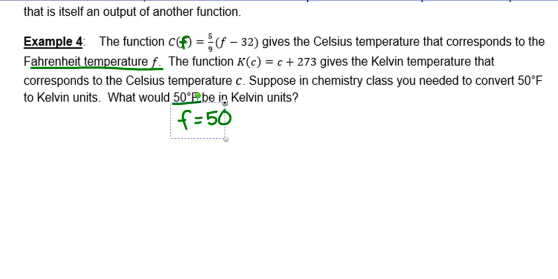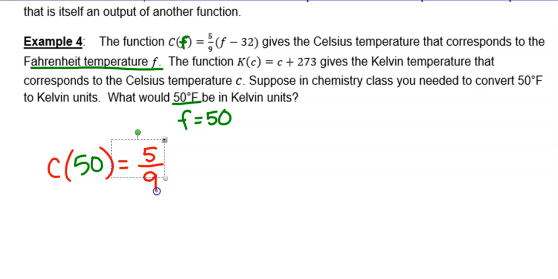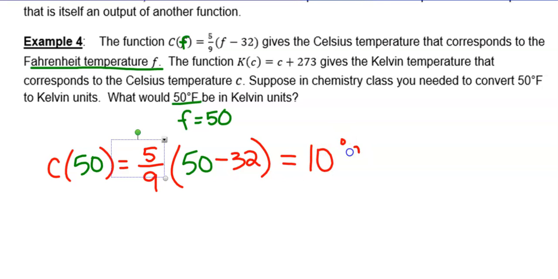So then we have C of 50 equals 5/9 times 50 for F minus 32. And then you just simply put that into your calculator and you will get 10. And that represents 10 degrees Celsius, although you do not need to put the units on.